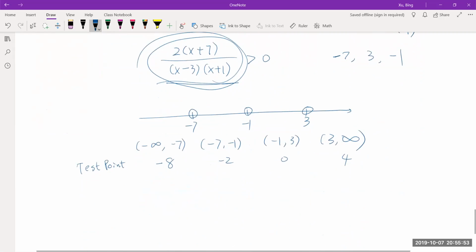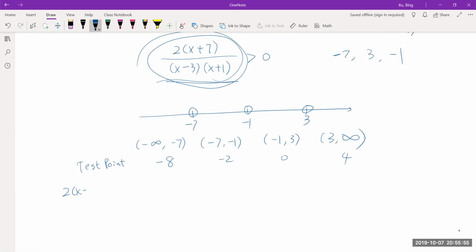Okay, so I want to test if 2 times x plus 7 over x minus 3 times x plus 1, if this expression will be positive or negative. Okay, use the test point. 2 is always positive. Well, I'll ignore this 2. Negative 8 plus 7 negative over negative 8 minus 3 negative times negative. Okay, overall negative.